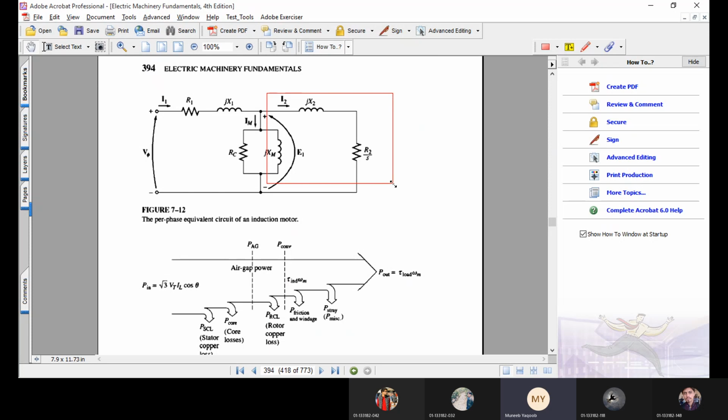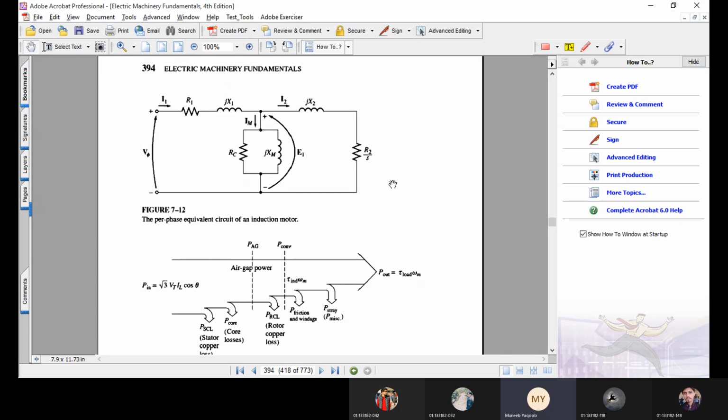Instead of using two parameters that depend upon S, here only the rotor's resistance depends upon S. So it gives us a somewhat mathematically simplified version of the equivalent model. So this is basically the final equivalent model of the induction motor.